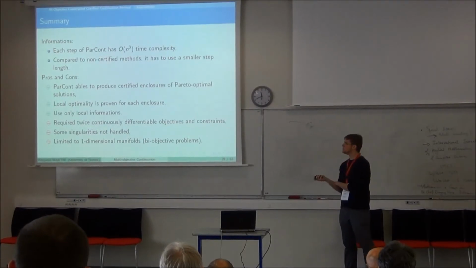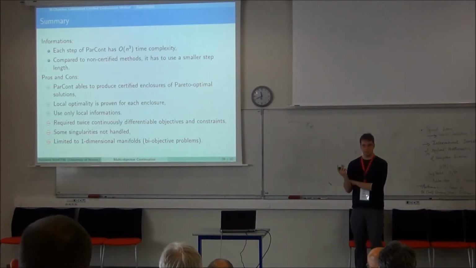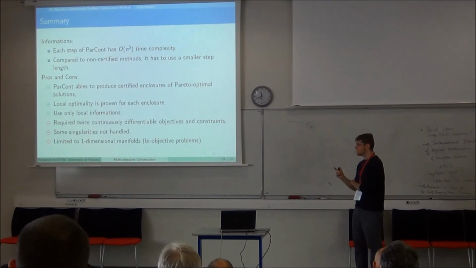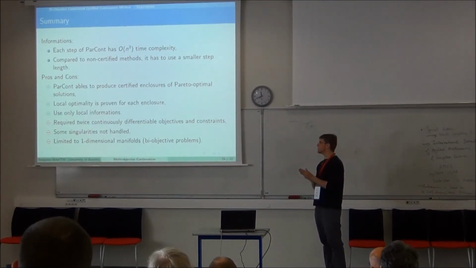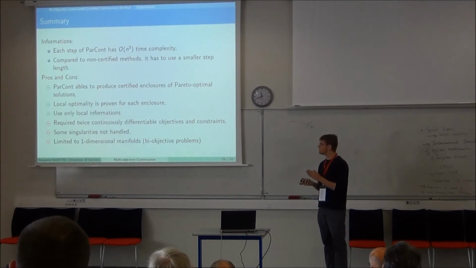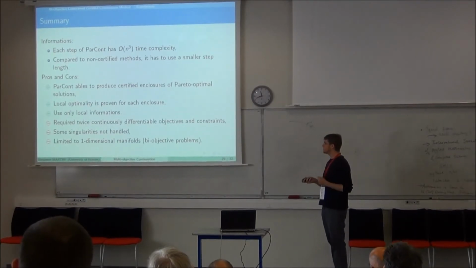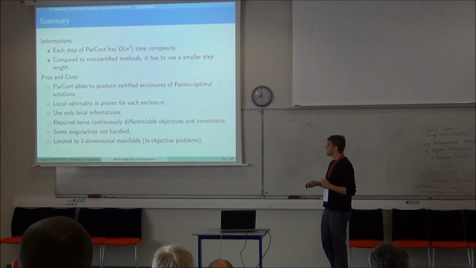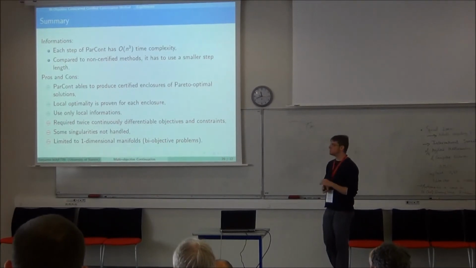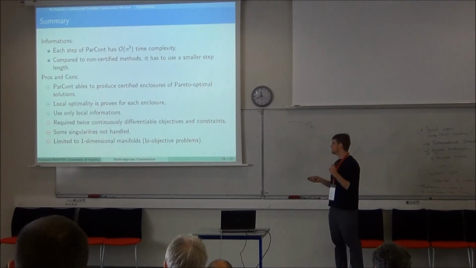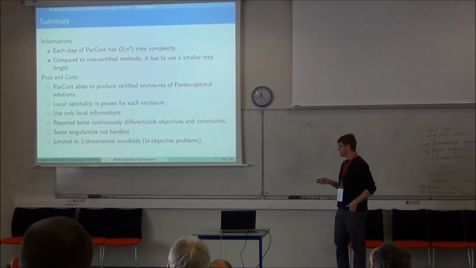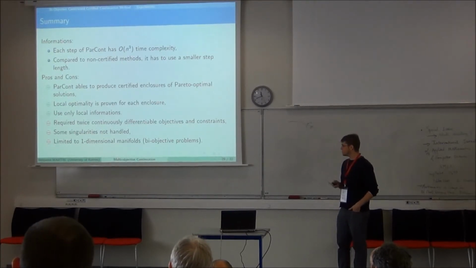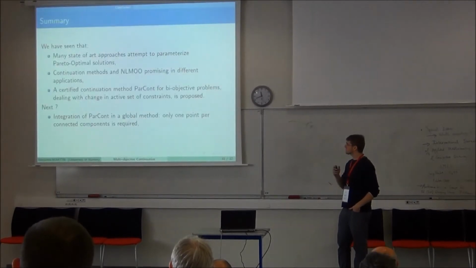It has the ability to produce certified enclosures of solutions, so we have proof that each enclosure contains a unique curve of local optimal solutions, and the process uses only local information. However, it requires that objectives and constraints are twice differentiable, and for now we cannot handle some singularities, and we are still limited to one-dimensional models.